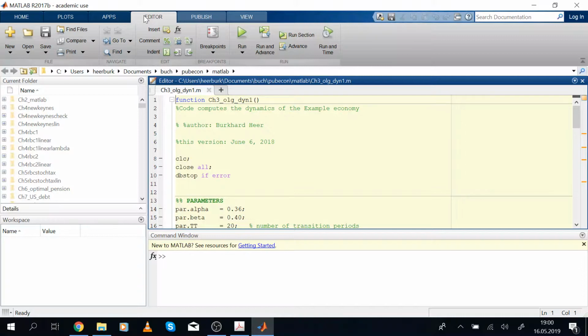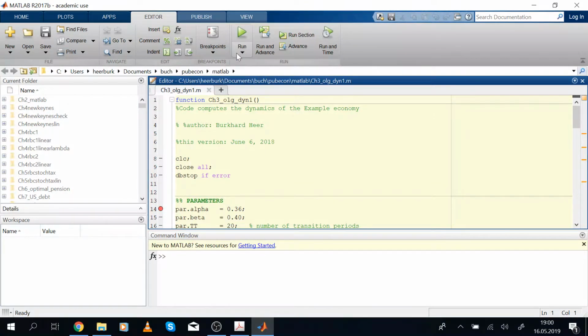We will go through this program line by line, and for this reason it is helpful to set a so-called breakpoint. Just move the cursor to line 14 on top of the minus sign and introduce a red dot, which is a breakpoint.